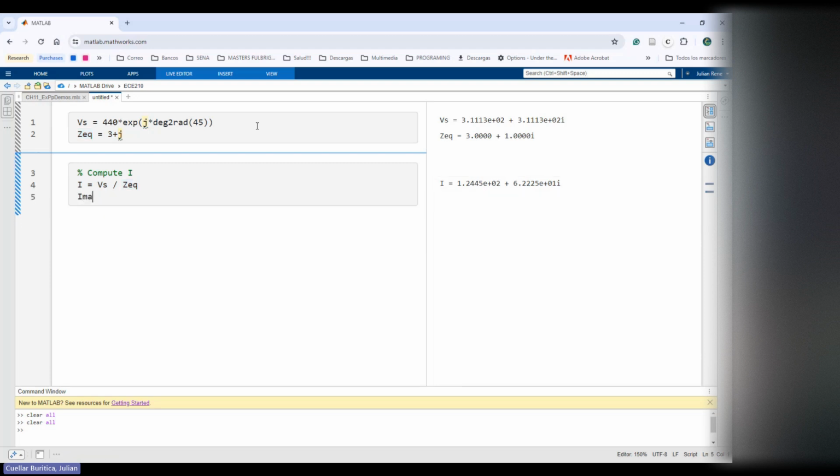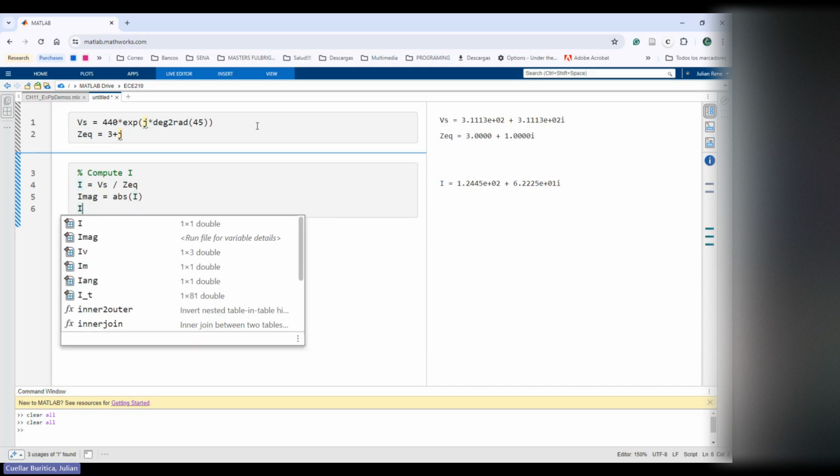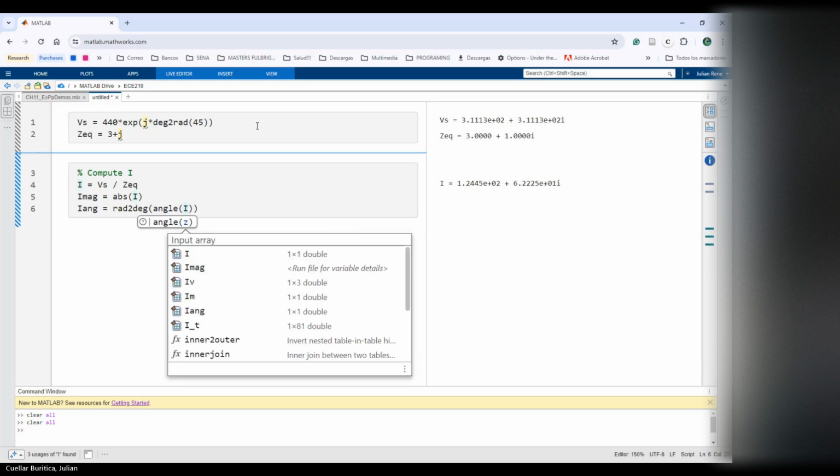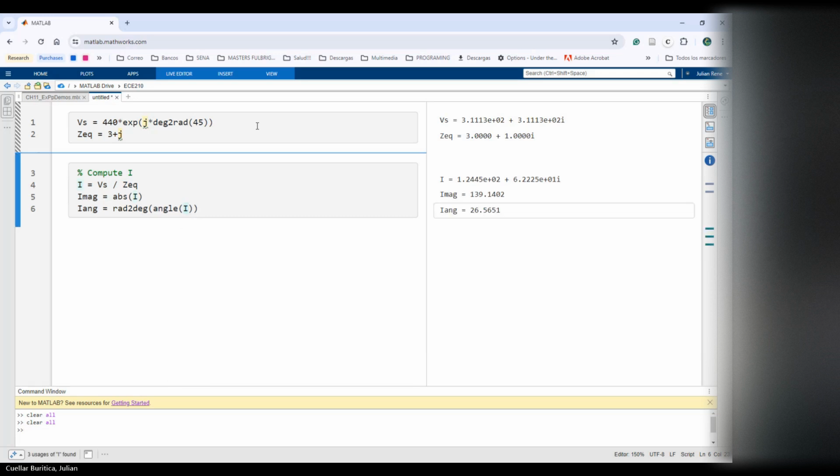We can get the magnitude as the absolute value of I, and we can get also the I angle equal to radians to degrees of the angle of I. And those are the numbers that we got.